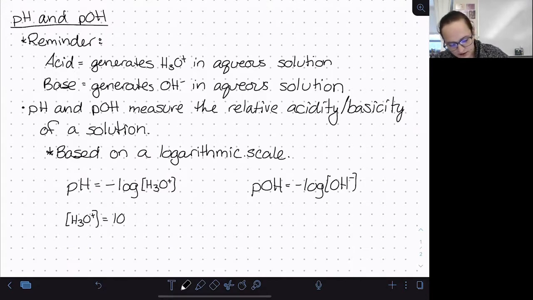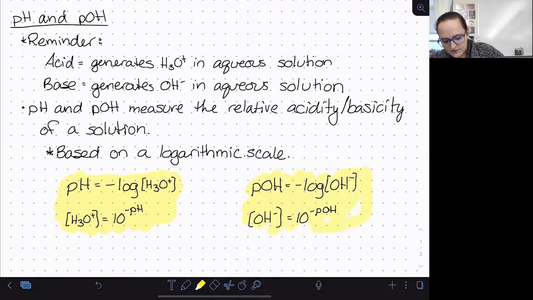So our hydronium concentration would be 10 to the minus pH power. Our hydroxide concentration would be 10 to the minus pOH power. So these equations are ones that you are going to be using a lot, to convert between concentration of hydronium or hydroxide and pH or pOH, respectively.